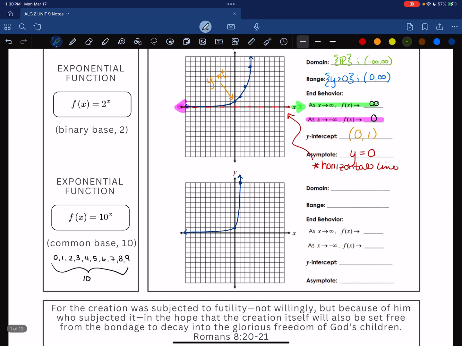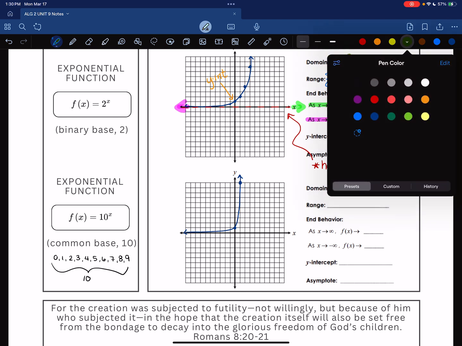You can raise it to any power. So that means that the domain is all real numbers, or you could write that as any value from negative infinity to infinity you can allow.